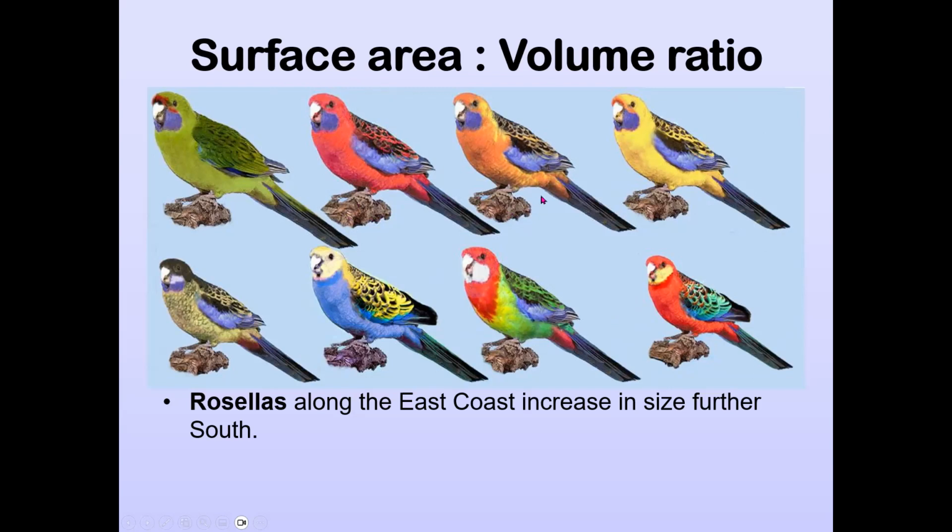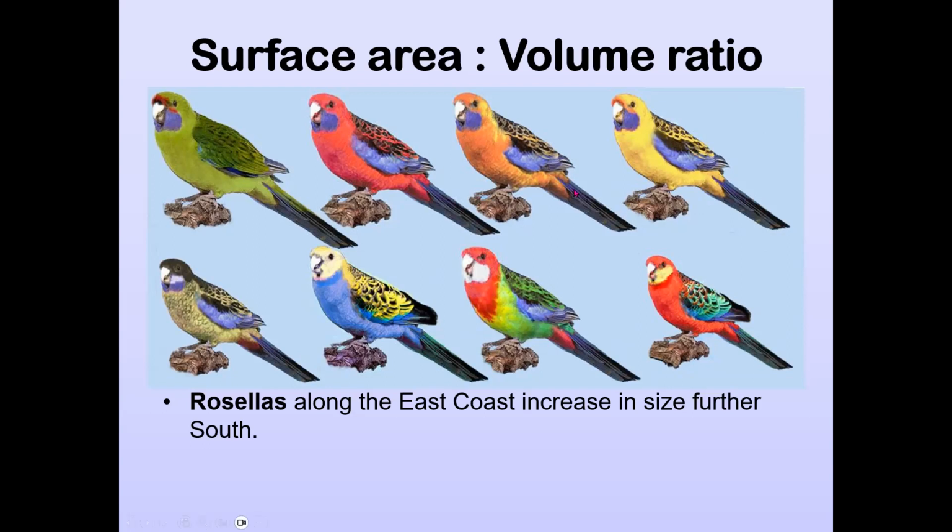This one, by the way, is the orange rosella. This is the one that lives along the Murray River, because most of the body is the same color as the mud of the shore of the river.